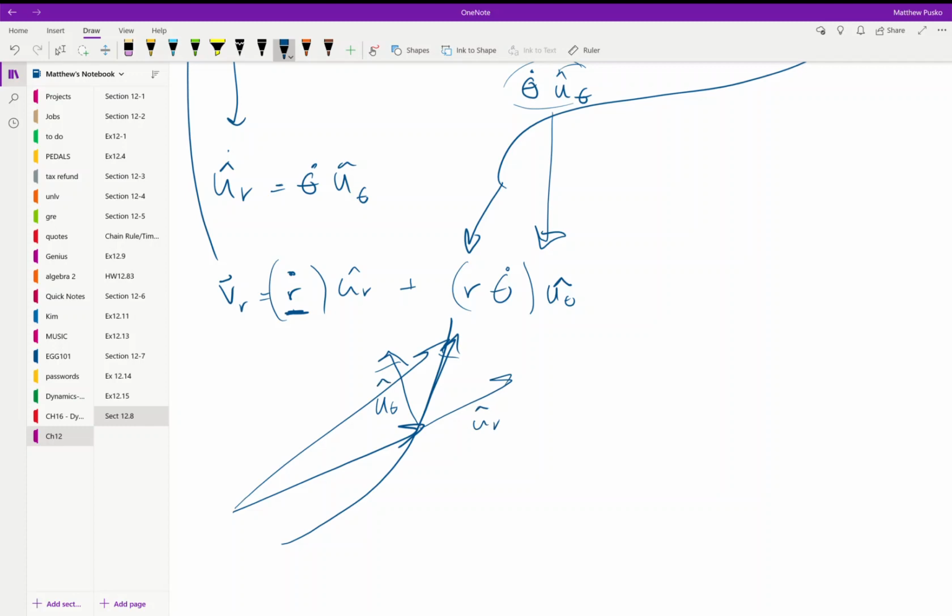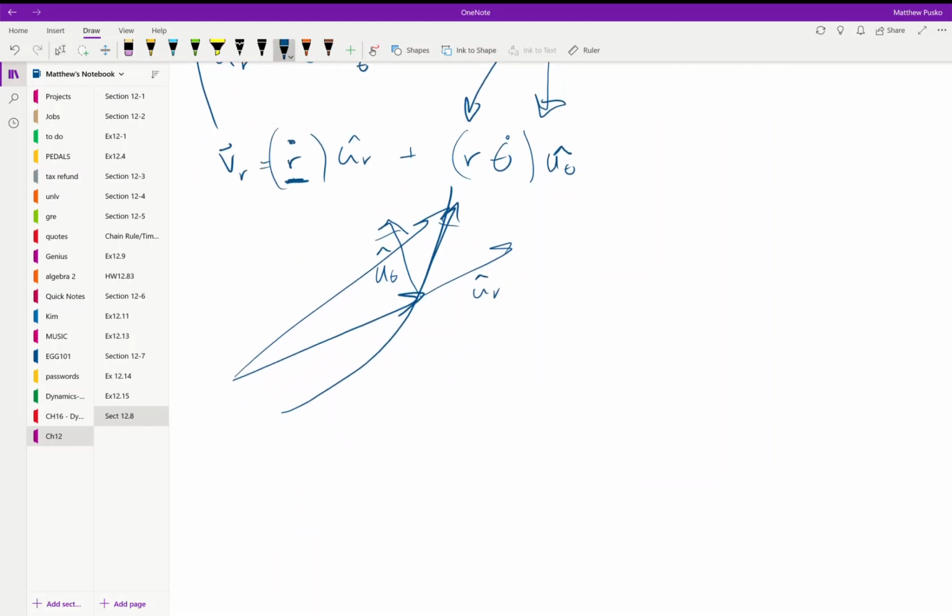We can find the magnitude by taking whatever the components are squared: r dot squared plus r theta dot squared, and we can find the angle between them too.